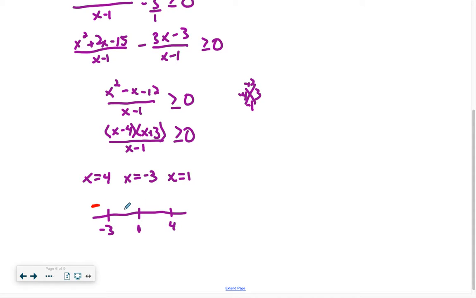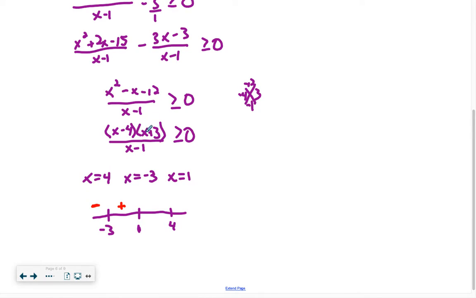If I plug in a value between negative 3 and 1, let's say 0. So 0, that would be a negative, that would be a positive, and that would be a negative. So I've got a negative times a positive divided by a negative. That's 2 negative signs, so that's going to be a positive. If I choose a value between 1 and 4, say 2, 2 minus 4 would be negative, 2 plus 3 would be positive, and 2 minus 1 would be positive.